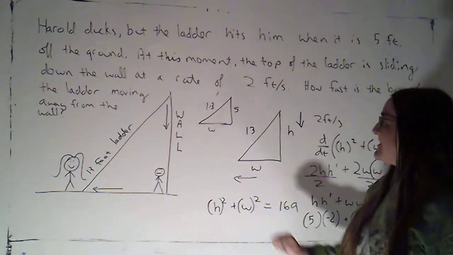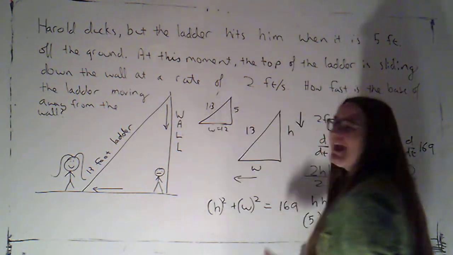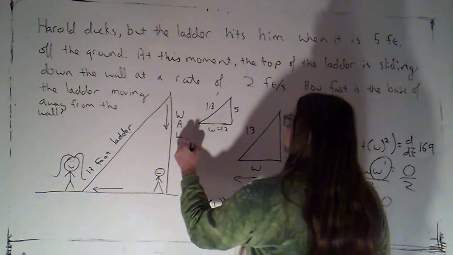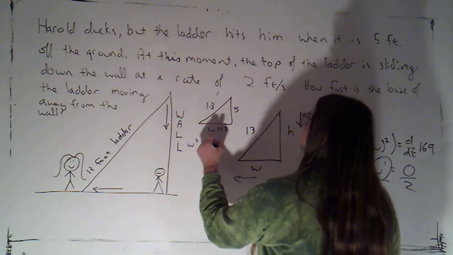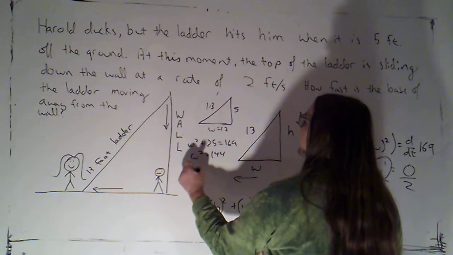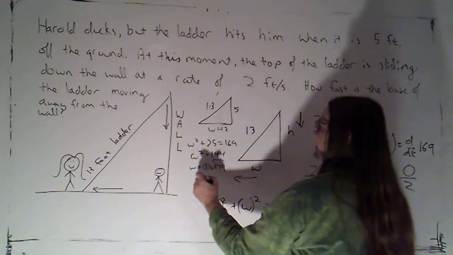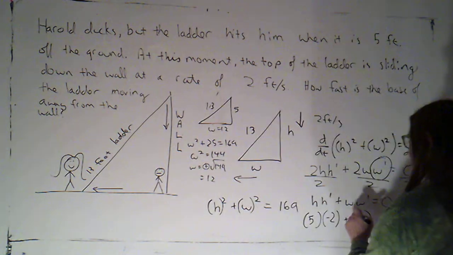Now, you might recognize this is a 5, 12, 13 triangle, so W is 12. If you didn't recognize that, you just use Pythagoras: W squared plus 25 equals 169. W squared is 144. And W I know is positive because it's a distance, so it would be 12.